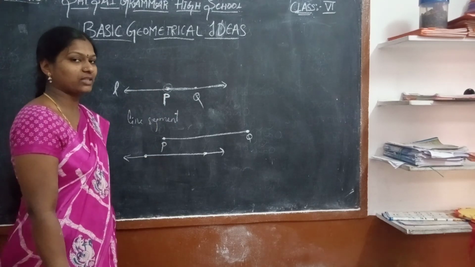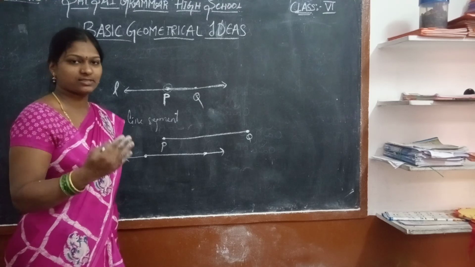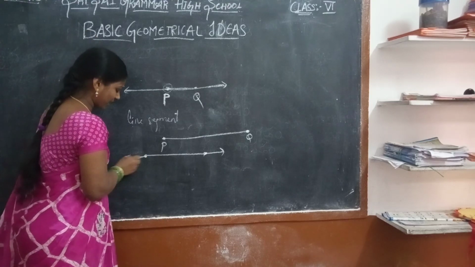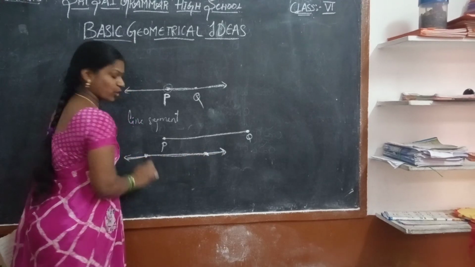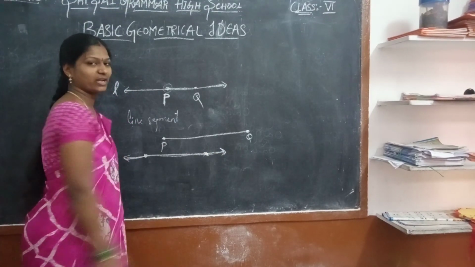A line segment, however, stops at a point at each end. It ends with the last two points, which is nothing but a line segment, so we cannot extend it when it ends with points at both ends.